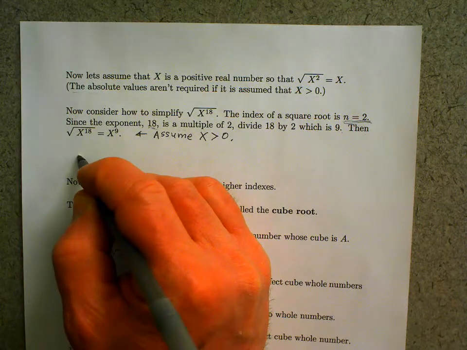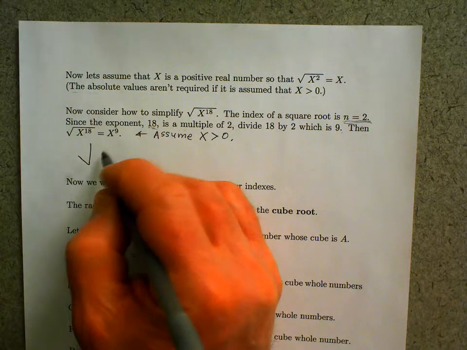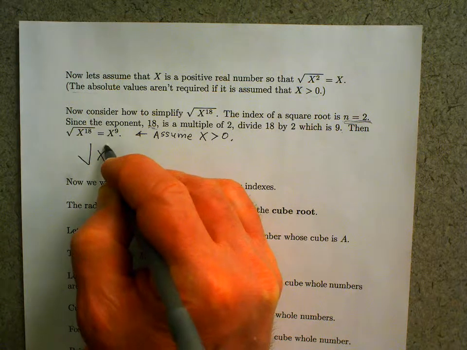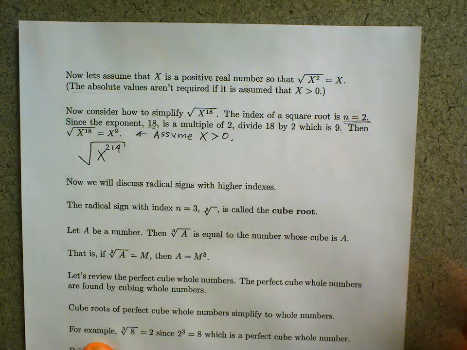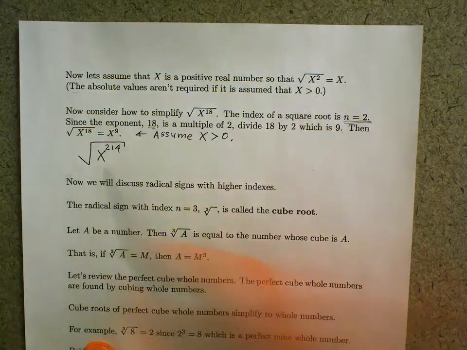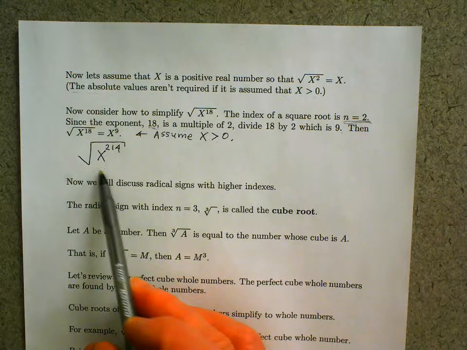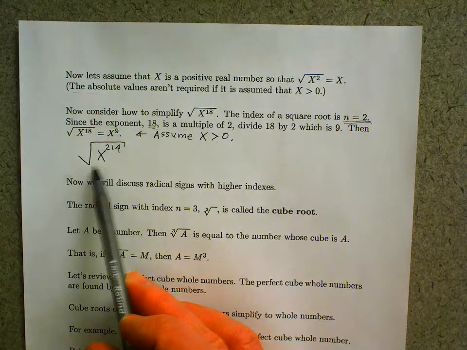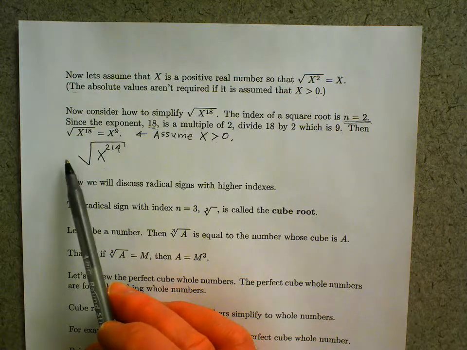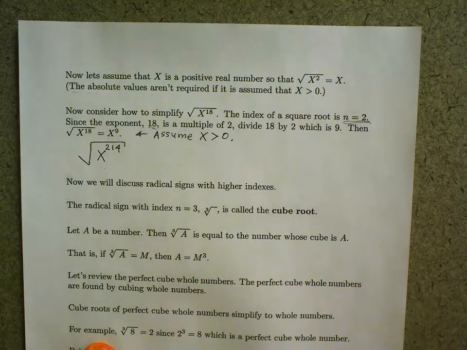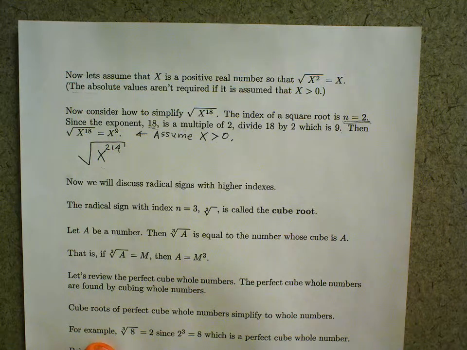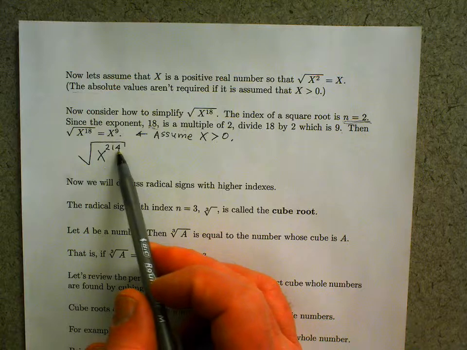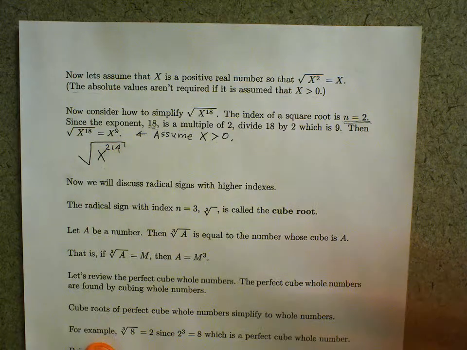Okay, so here's another example. Suppose you have the square root of x to the 214th. And we'll assume that x is greater than 0 again. So let's see if we understand how to simplify something like the square root of x to the 214th. The exponent 214 is an even integer because the last digit 4 is even.